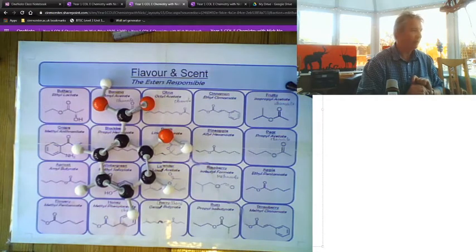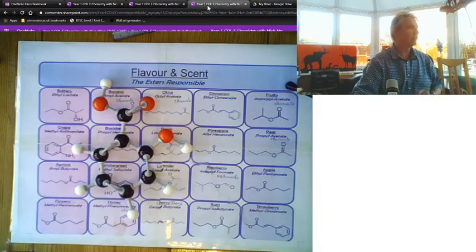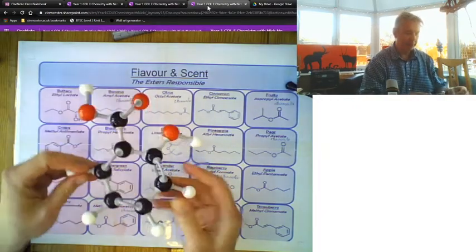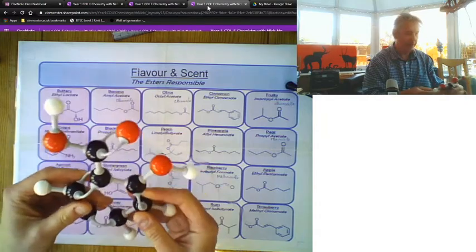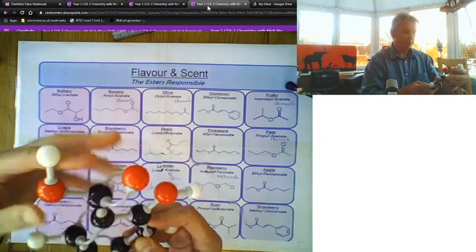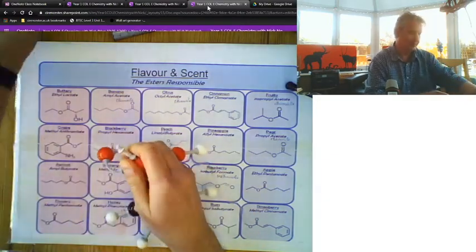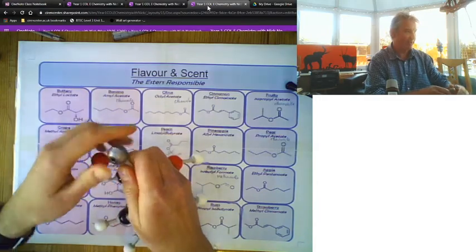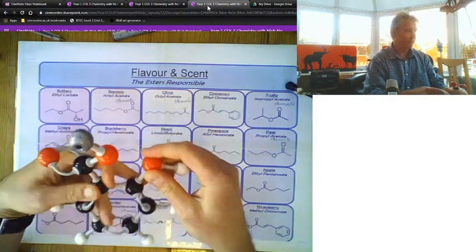So there is that molecule. And what they tried to do was to improve this molecule because it caused damage to the linings of the stomach. So what they did was they took the hydrogen off here and they made the sodium salt, and they esterified this part here.